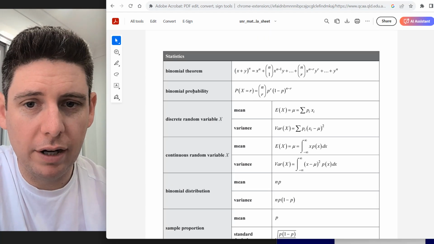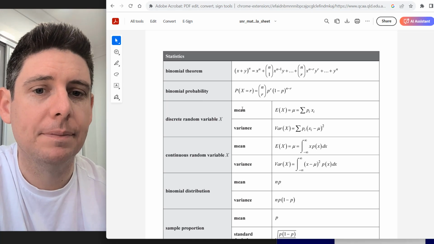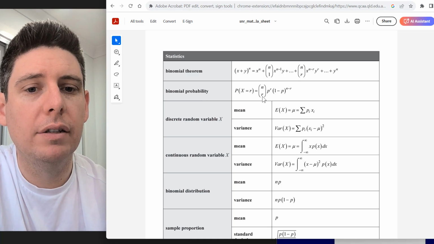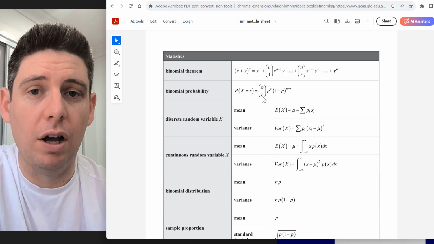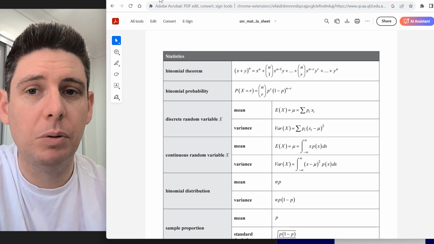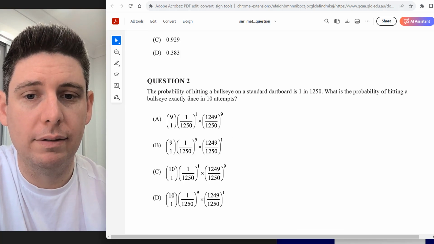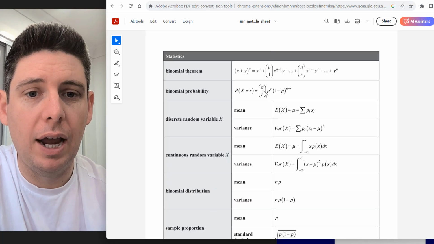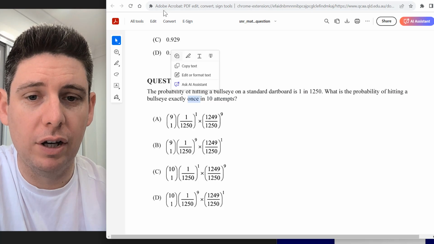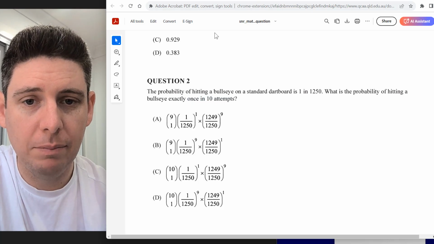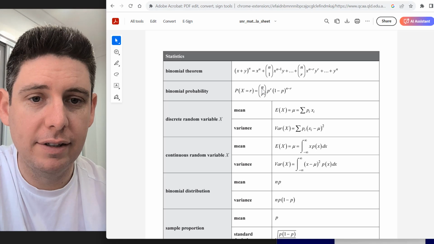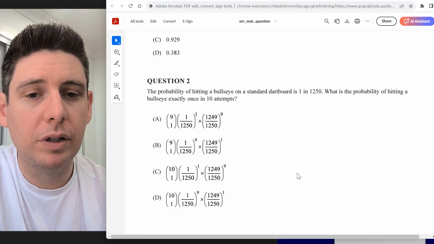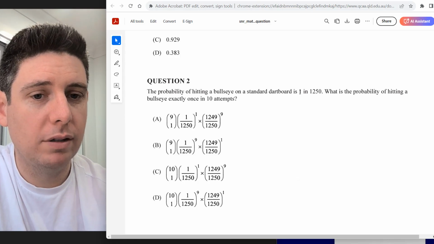Here is the formula right here, binomial probability. So R is what you're trying to find. So it's hitting the bullseye once. So R is 1. N is the number of trials. So there's 10 attempts. So N is 10. P is the probability of it happening once. So 1 in 1,250.